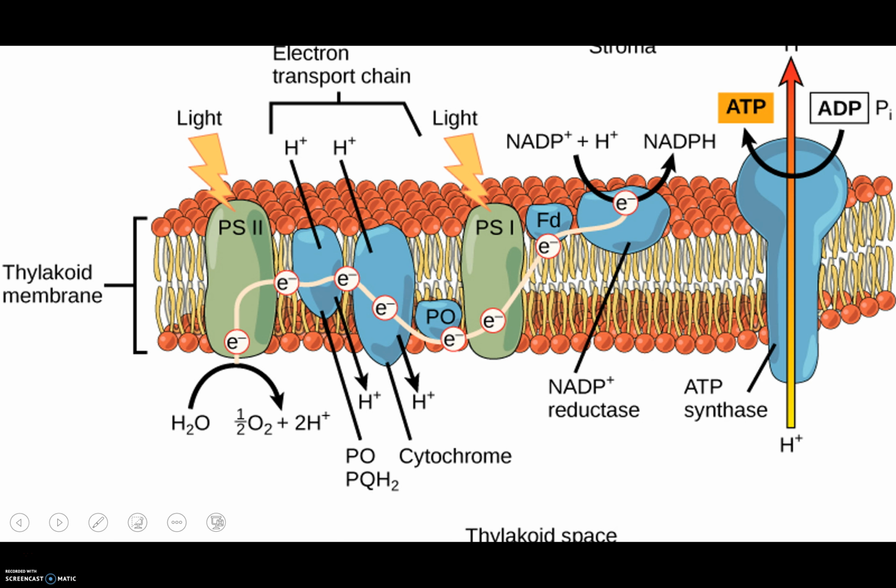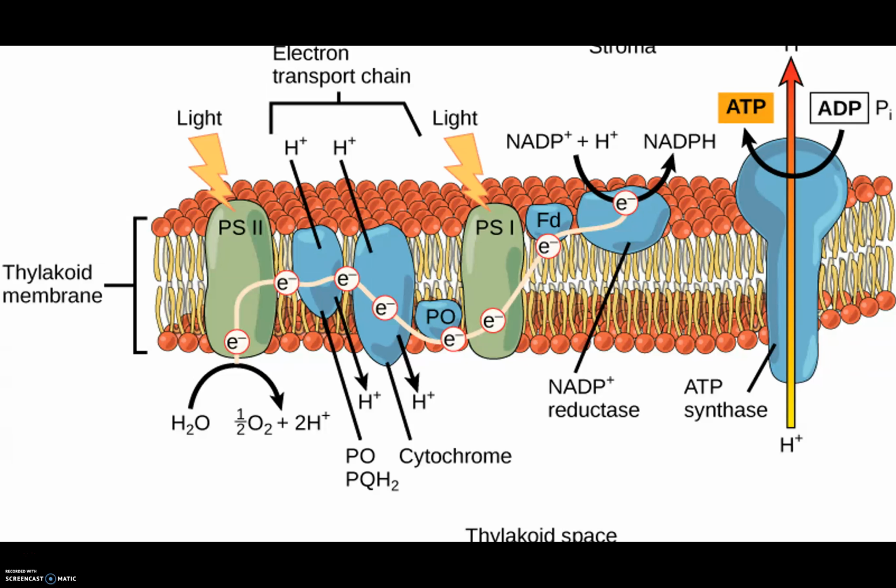So here's another picture, a diagrammatic version. Chlorophyll is in this green protein. Light hits chlorophyll and splits water into oxygen. This energy is used for active transport to let hydrogen ions go from low to high concentration.